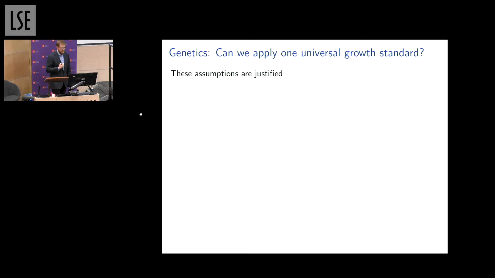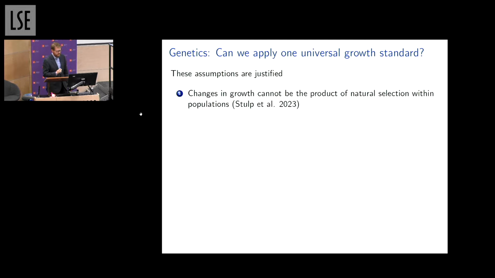Okay? And so what I want to try to argue today, and I'm happy to do so more forcefully in the questions if asked, is that these assumptions are justified. The first one, I think there's no real debate about this, to be honest. It does not seem likely that the kind of increase in stature that we've seen over time could be driven by natural selection.